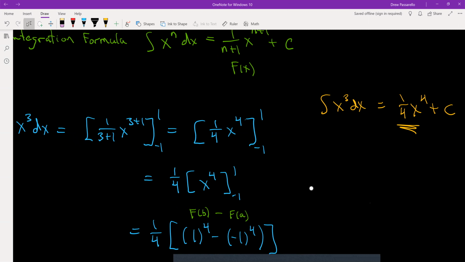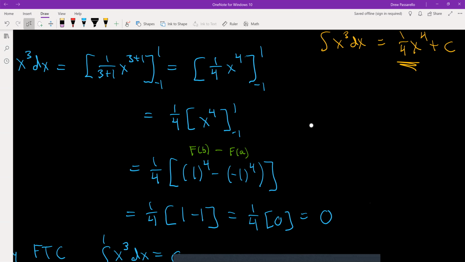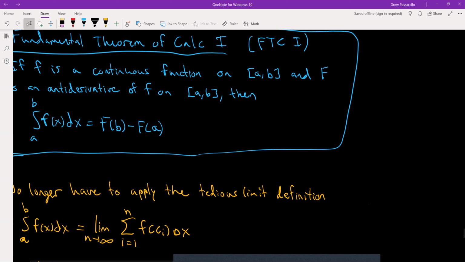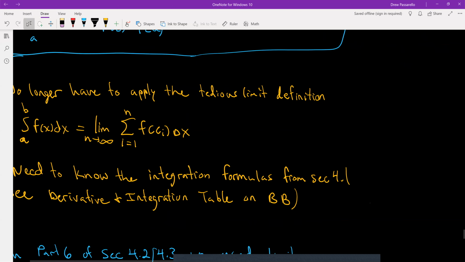Focusing on just the antiderivative portion, I factored out the 1/4 and focused on x to the fourth. Based on the fundamental theorem, we do capital F of b minus capital F of a, where capital F is the antiderivative.